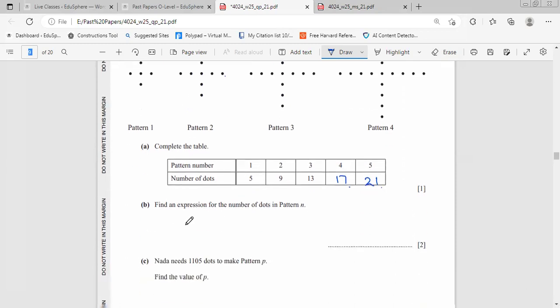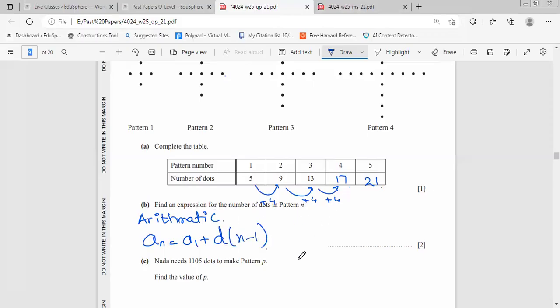Now they say find an expression for the number of dots in the pattern n. Since every single time we are adding plus 4, plus 4, plus 4, it's an arithmetic sequence. For an arithmetic sequence, we have a formula for the nth term, that is a_n is equal to a_1 plus d(n minus 1). d is the common difference, which is 4. a_1 is the first term of the sequence, which is 5.